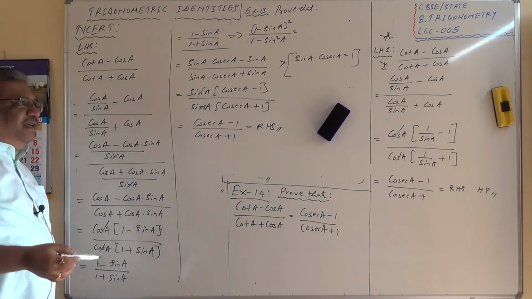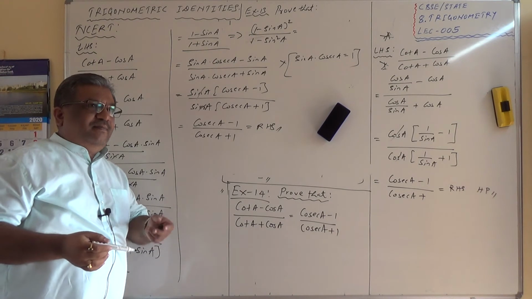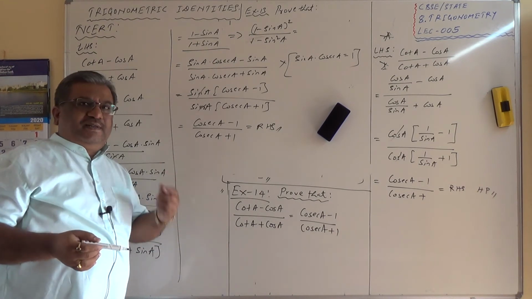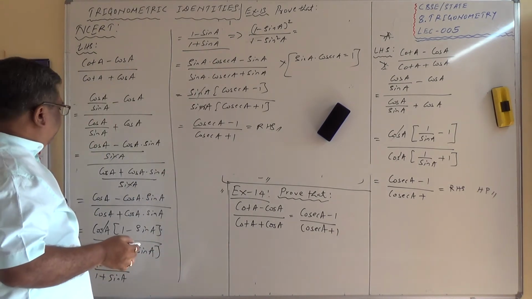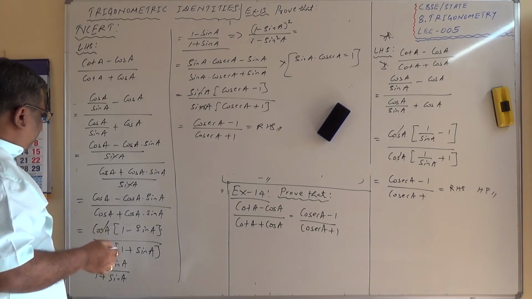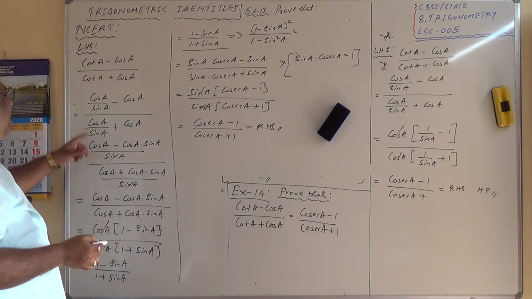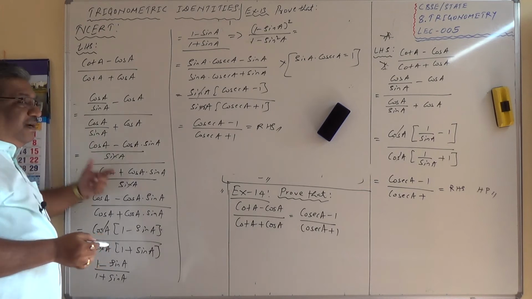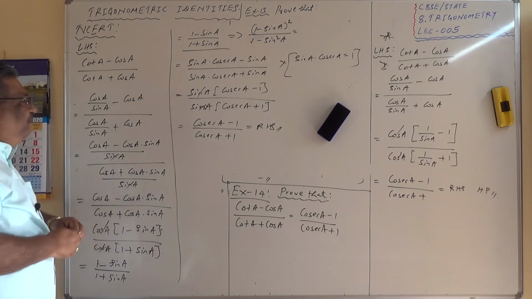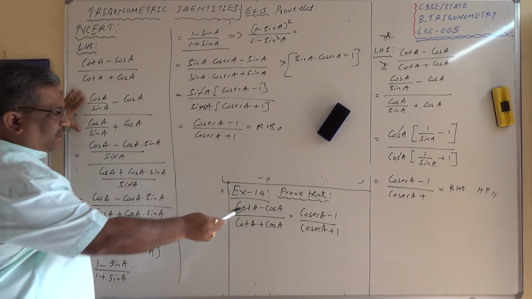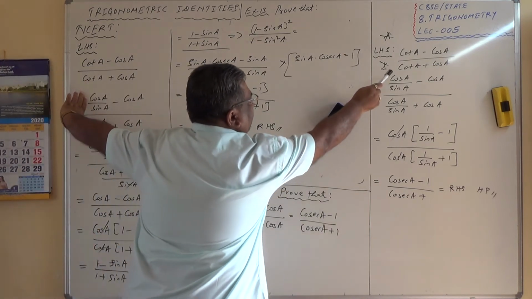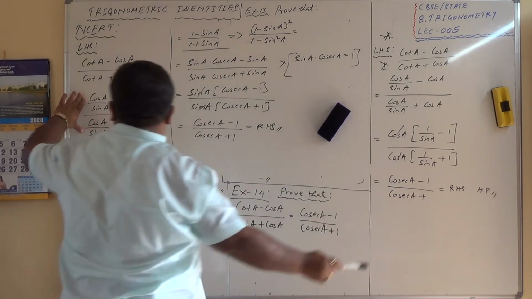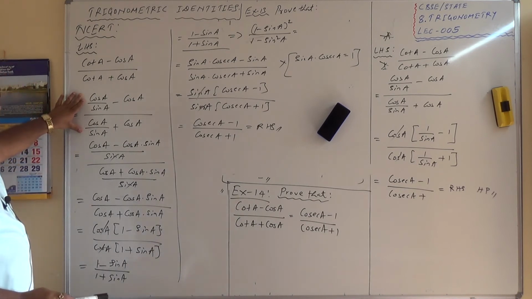I hope you are understanding. A couple of approaches will be there, but at some stages very critical steps will be there. One more thing I just wanted to tell you over here. Generally, after writing this one, the general tendency of the students, I'll tell you: compare this step and this step here, both are same, isn't it?